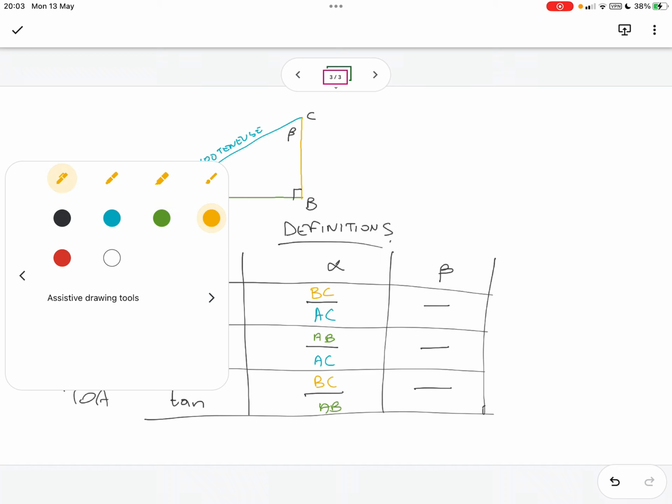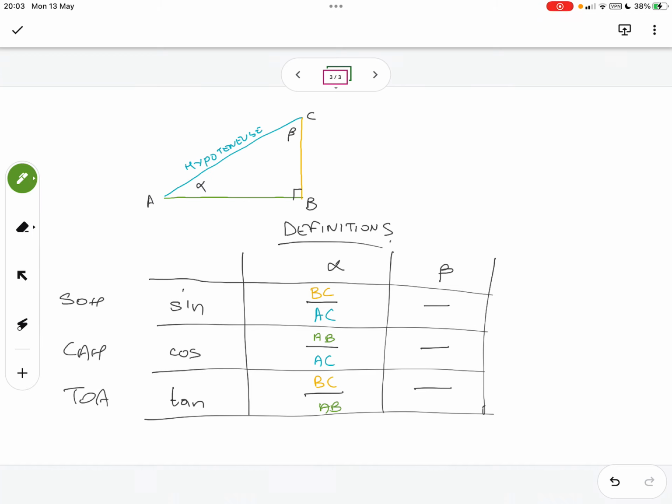But now let's do it for angle beta. For angle beta, what side is opposite? AB, yes. And the hypotenuse is the same, AC. Which side is adjacent for cos beta? BC, okay. And the hypotenuse remains the same.